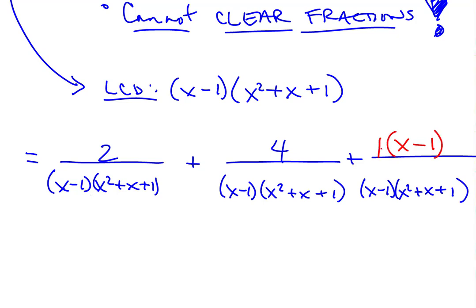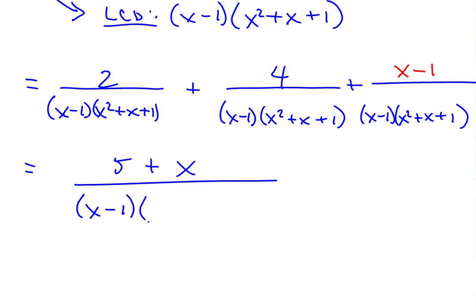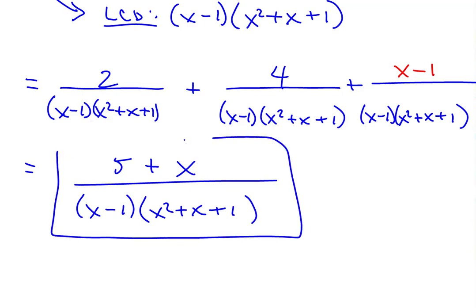You could put that in, but it doesn't really affect anything, so we don't even have to write that 1 being multiplied by this new numerator. Then we'll go ahead and simplify by adding like terms across the numerators now that we have an LCD. So 2 plus 4 minus 1 altogether, of course, is 5 plus, and then we have a single x term. So we really just have 5 plus x over x minus 1 times x squared plus x plus 1 as our common denominator, and that's where we end.